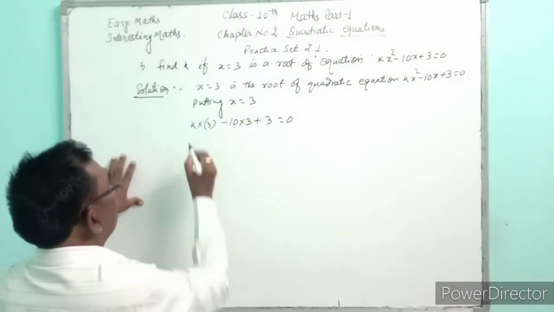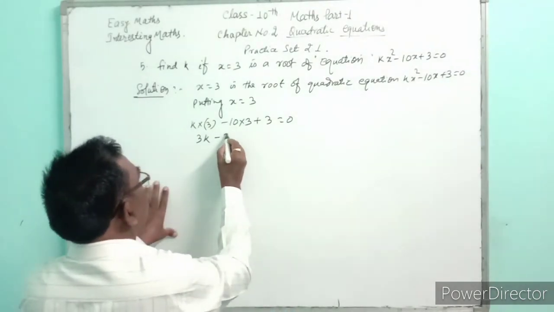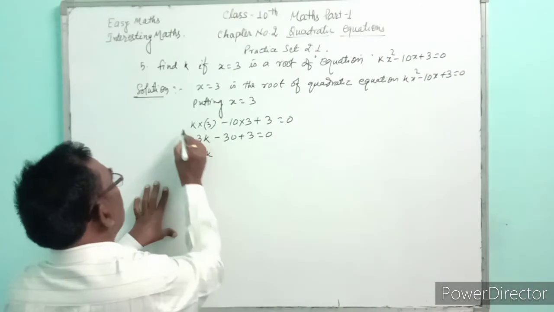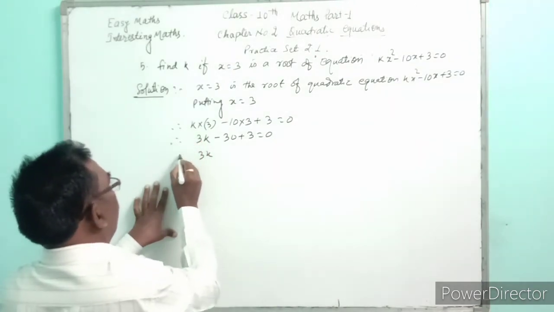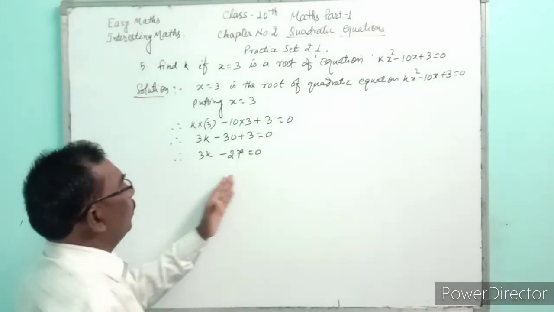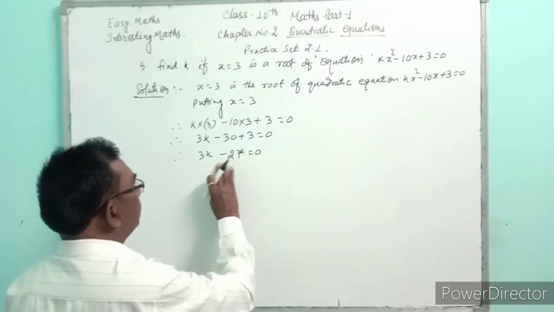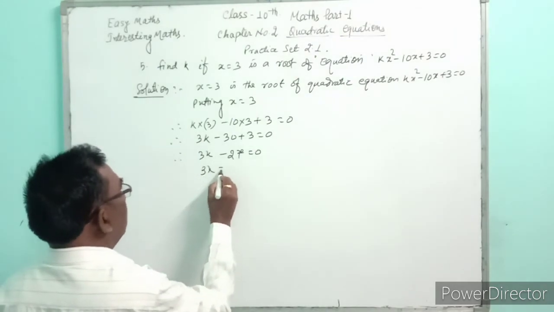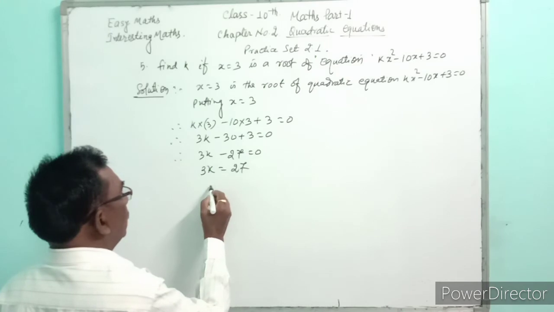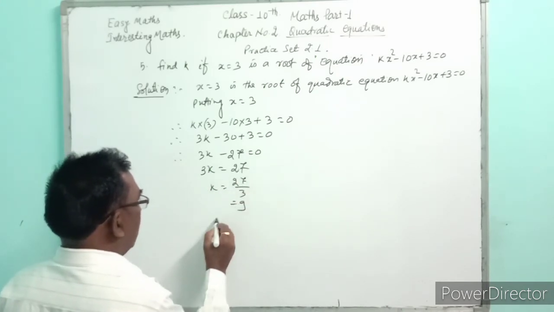K into 9, 9k minus 10 into 3, 30, plus 3 is equal to 0. 9k minus 27 is equal to 0. We will transfer minus 27 to the right hand side. 9k is equal to 0 plus 27, means 27. So k is equal to 27 by 9 is equal to 3.